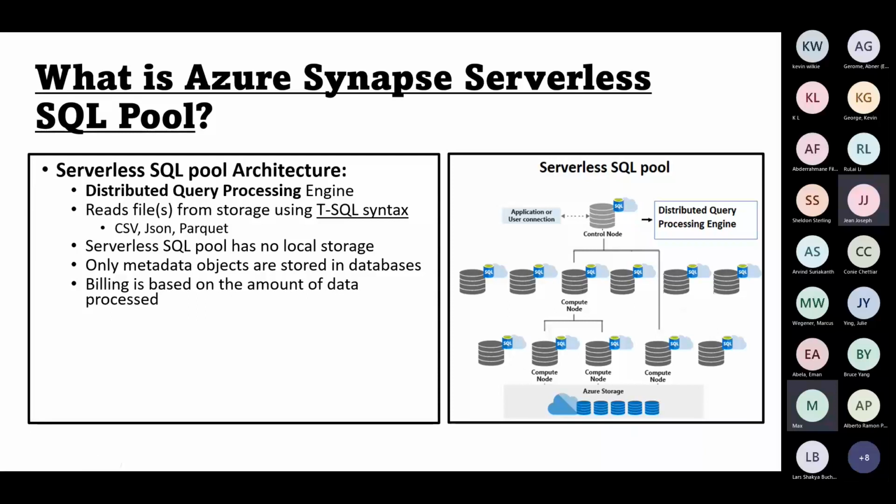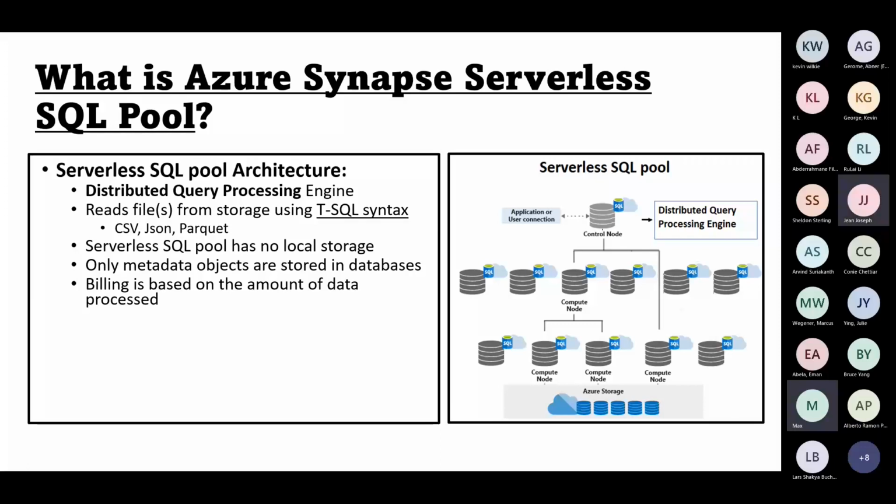So as you can see, there's one compute here, another compute here, another compute here. So how does it work? When the request arrives, the control node breaks it down into smaller queries. Each set of queries takes a portion of your data to read in parallel.